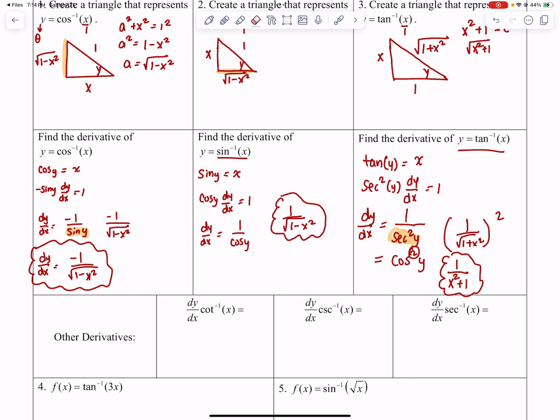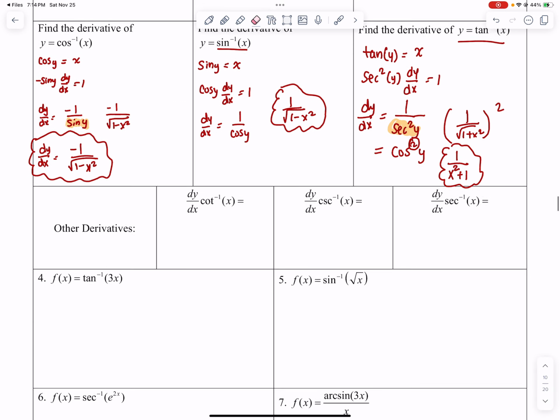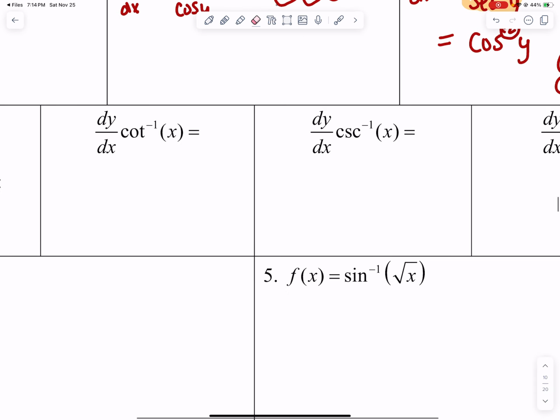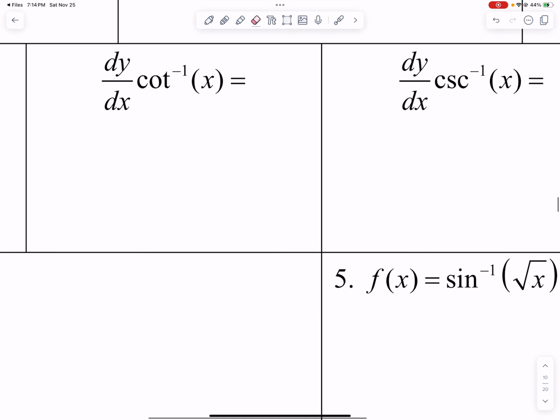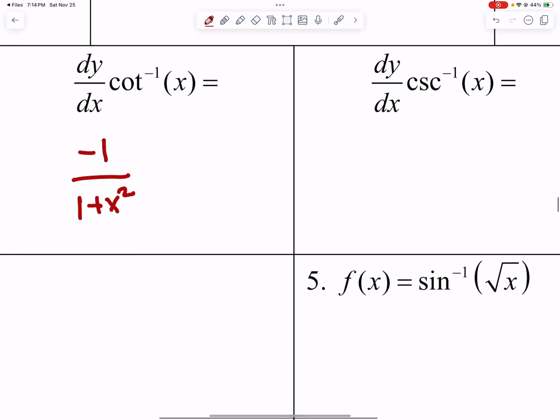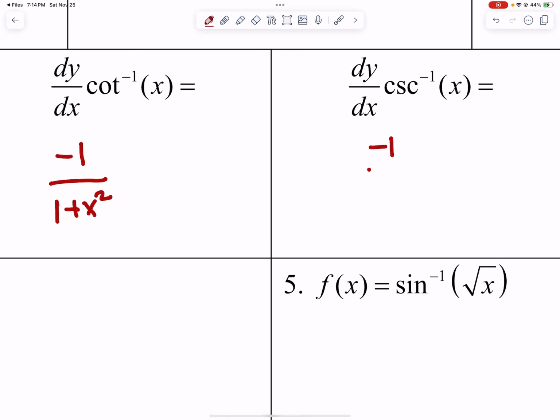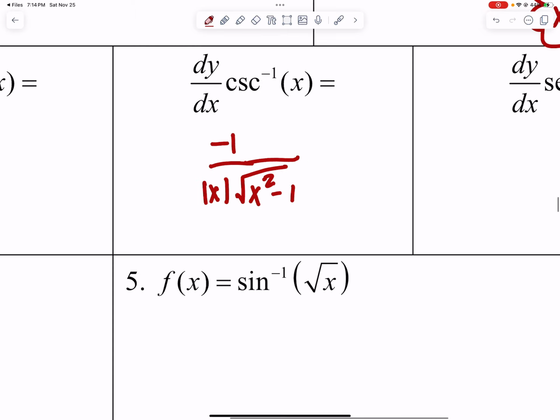And essentially the same thing happens with cotangent, cosecant, and secant. I'm not going to go over how to derive the derivatives of these. I'm just going to give you the formulas. And essentially, they're very similar to what you saw with the first three.